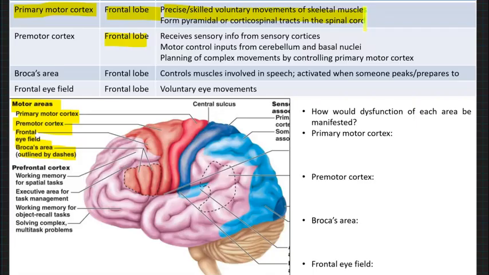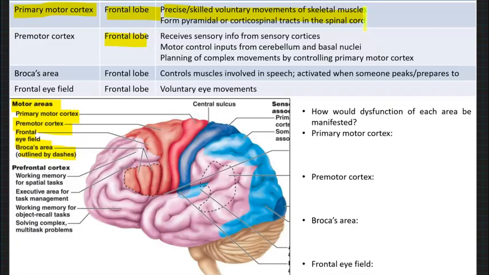One of the most common types of stroke is the occlusion, so-called ischemic stroke, the occlusion of a middle cerebral artery or any of its branches. The middle cerebral artery and its branches provide blood supply to motor cortices, pretty much.